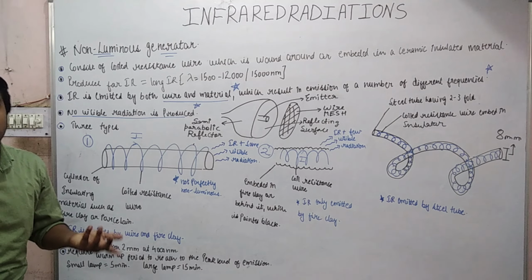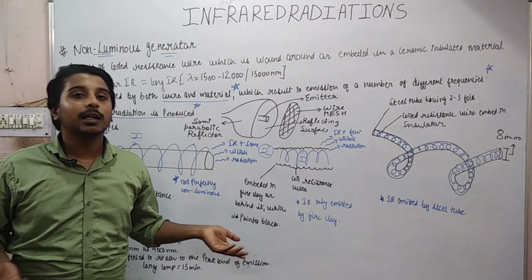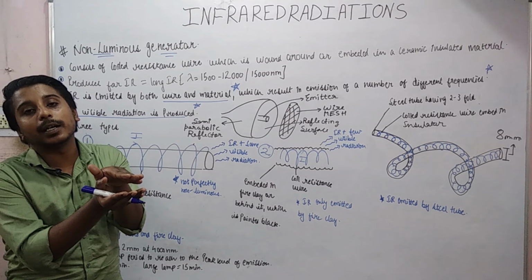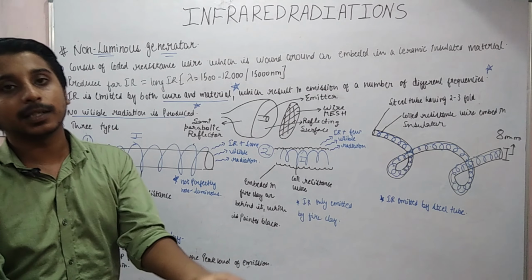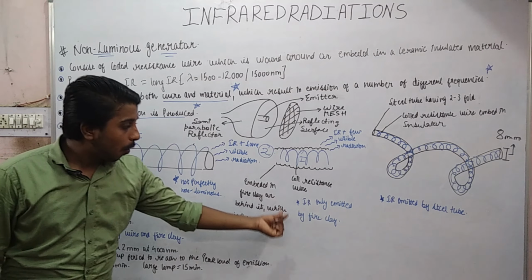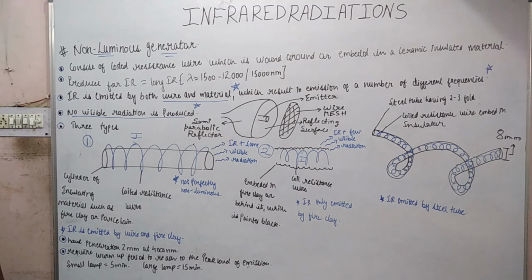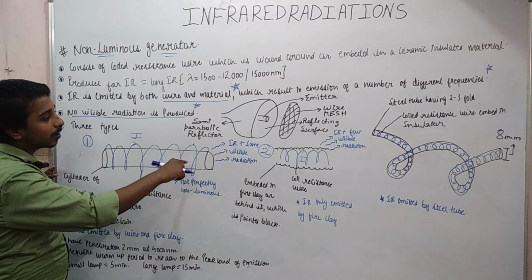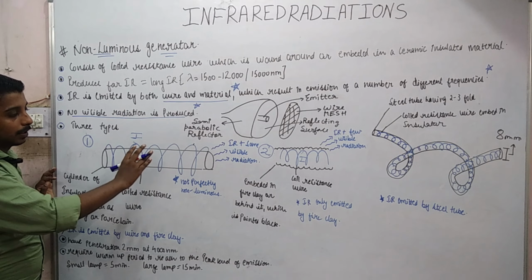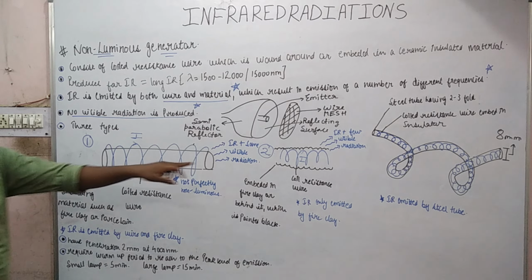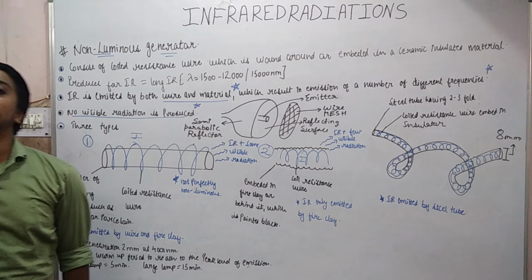Here you will again ask how the heating of fire clay occurs. It is the same: when the wire is heated, as it is in contact with the fire clay, conduction occurs and emission is there. So IR is only emitted by the fire clay. But the difference is that here the wire was outside, bound on the fire clay, and here the wire is embedded in the fire clay.